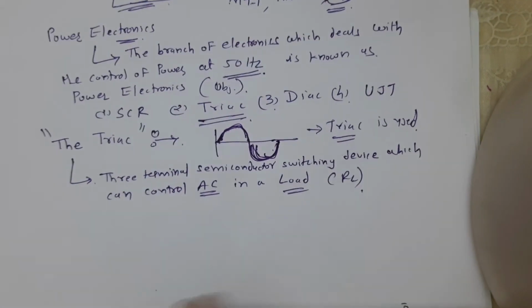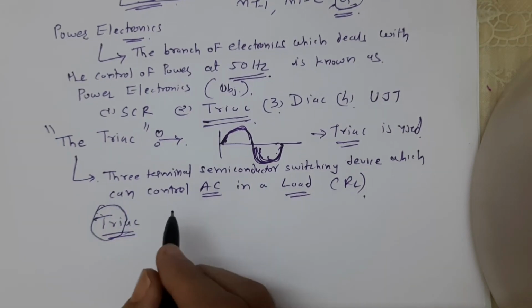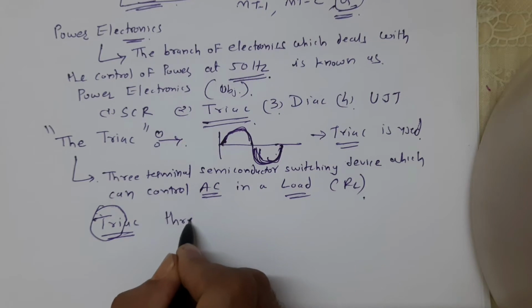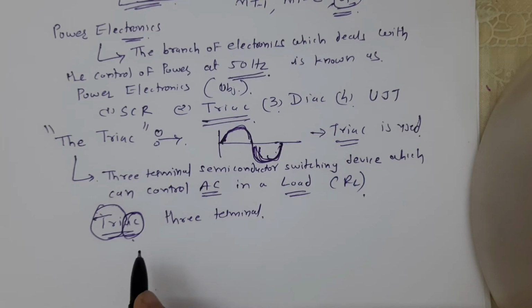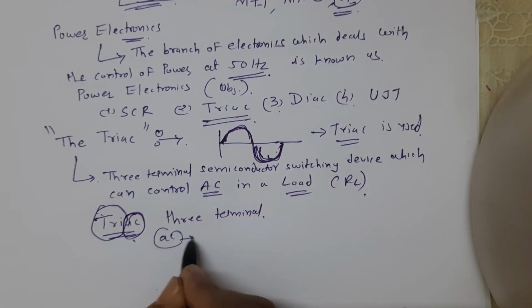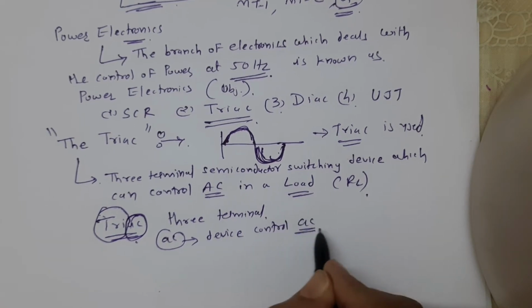What is the meaning of triac? Triac, TRI, indicates that the device has three terminals, and AC means that the device controls alternating current.